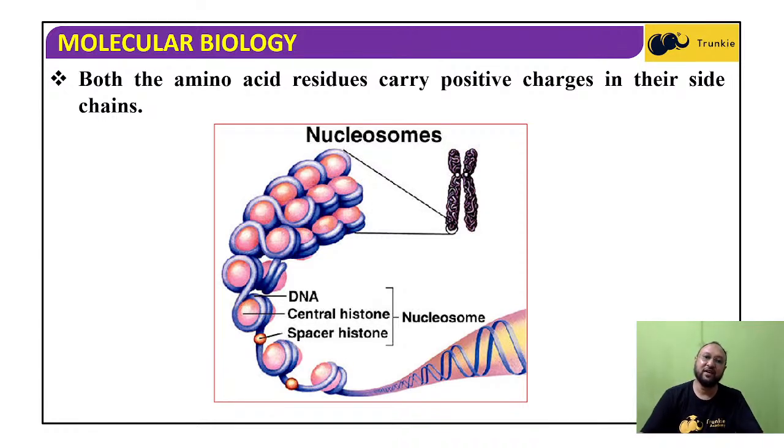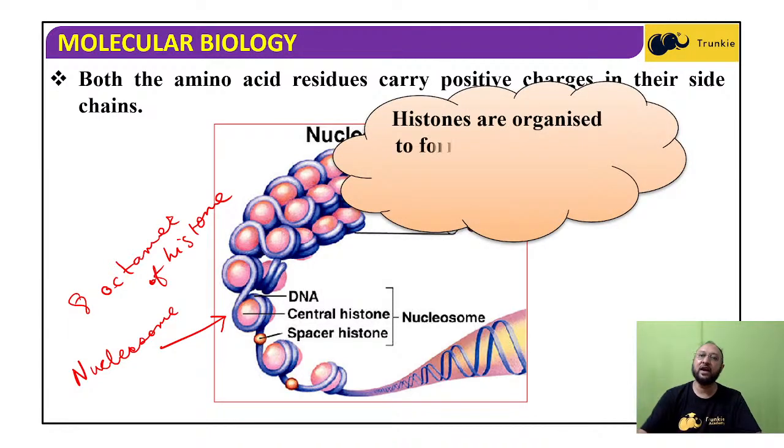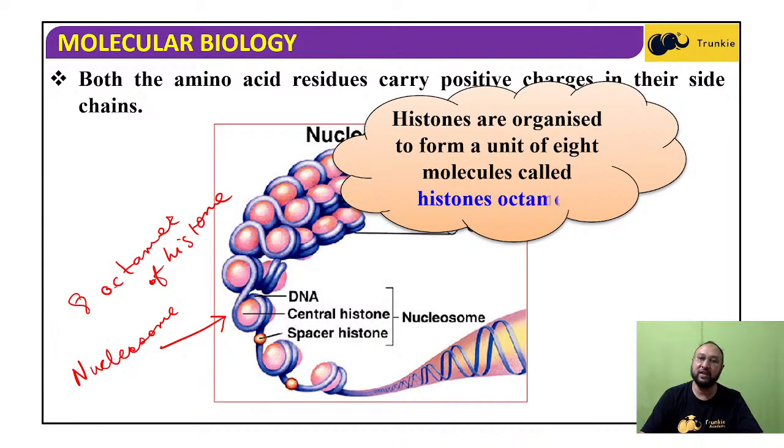So this one unit is the nucleosome, and it has an octamer of histone protein. Histones are organized to form a unit of eight molecules called the histone octamer.